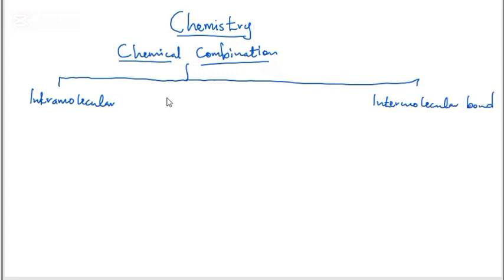What do I mean by the intramolecular bond? These are the bonds formed within the molecule, and we have your ionic or electrovalent bond.